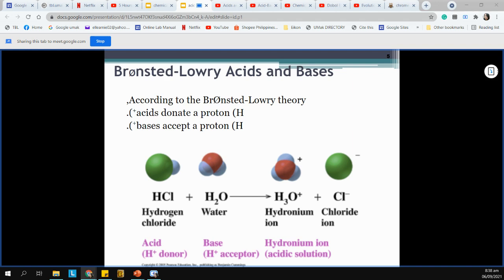Okay, so here is an example of an acid reacting in water. What would happen here is that the hydrogen from the hydrogen chloride would dissociate and form a bond with water, forming what we call the hydronium ion. And then you'll have a liberation of the chlorine ions in the reaction.